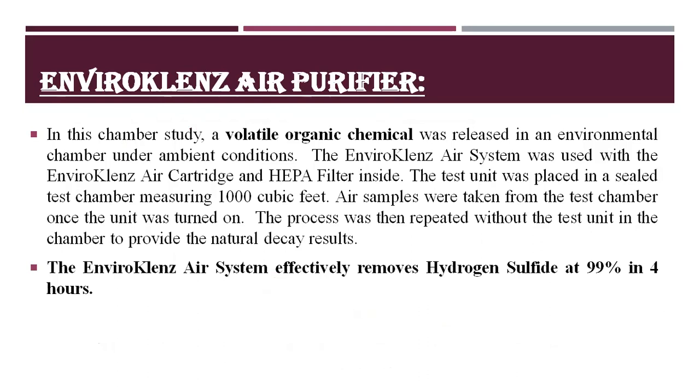The test unit was placed in a sealed test chamber measuring 1,000 cubic feet. Air samples were taken from the test chamber once the unit was turned on. The process was then repeated without the test unit in the chamber to provide the natural decay results. The EnviroCleanse air system effectively removes hydrogen sulfide from the environment at 99% in 4 hours.